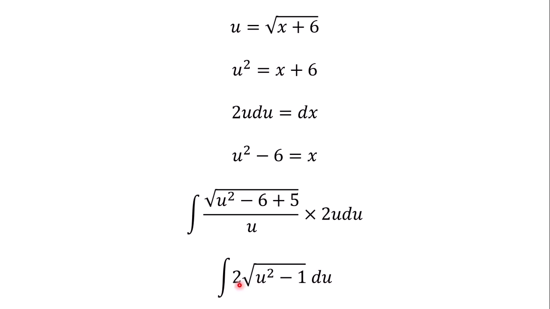Alright, now let's bring this constant outside here. So what are you going to do here? That is square root of u squared minus 1.